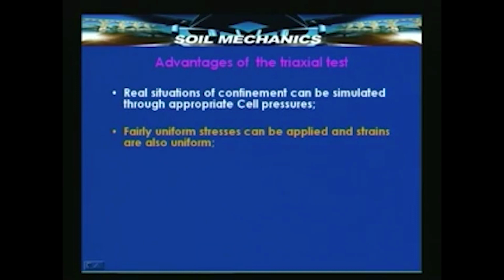Whereas, in the triaxial test, we have the advantage of imposing fairly uniform stresses on the sample. Then, most important, the shear strain behavior of the soil can be studied in detail. As the test progresses, you can measure the strain levels, volumetric strain and the axial strain, and compute the shear strains.